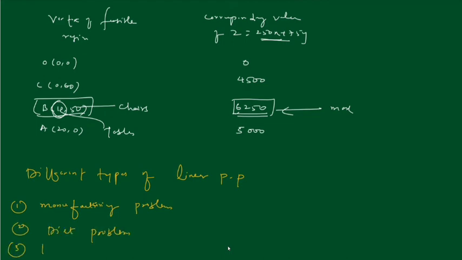Third one is transportation problem, right? So we'll see the manufacturing problem, diet problem, as well as transportation problem. It is in exercise 12.2, right? So in the next class we'll come across exercise 12.1 as well as 12.2.